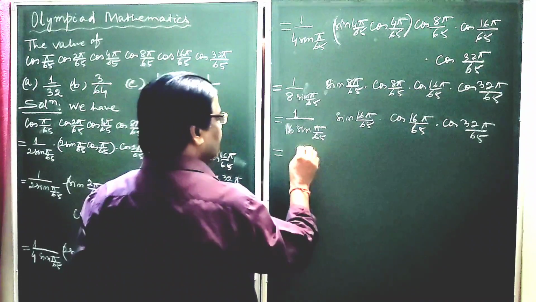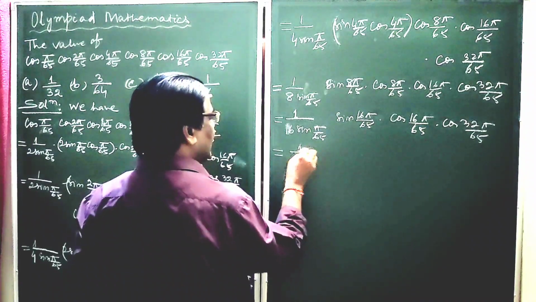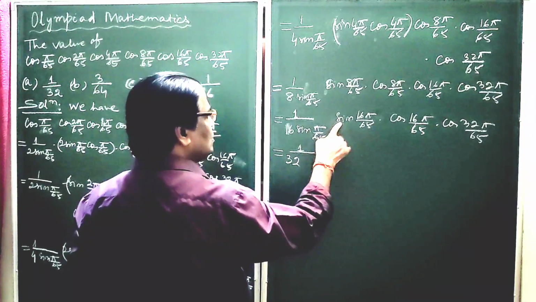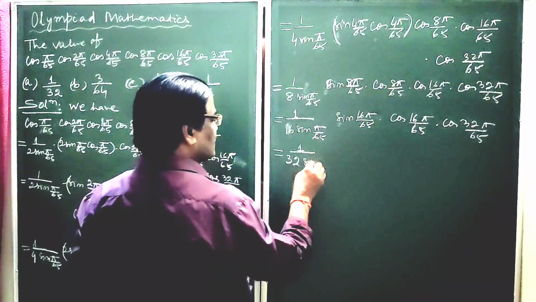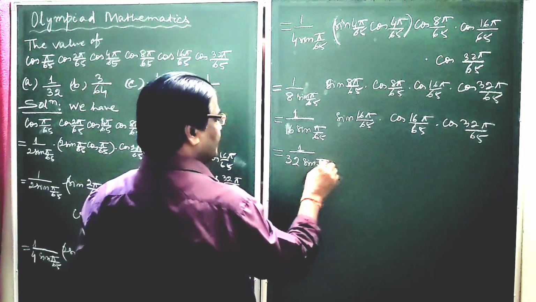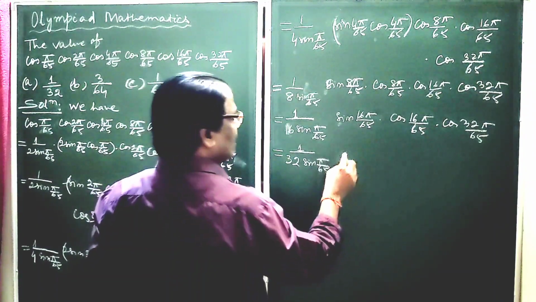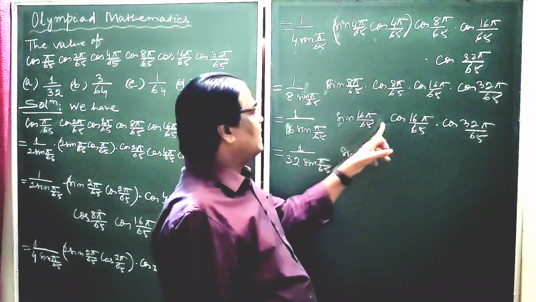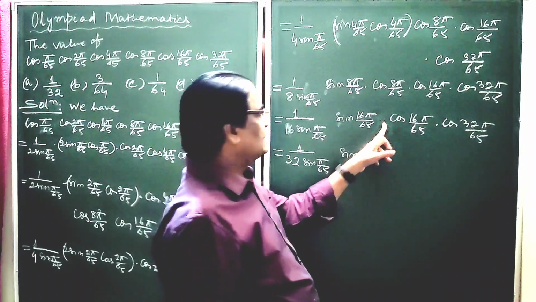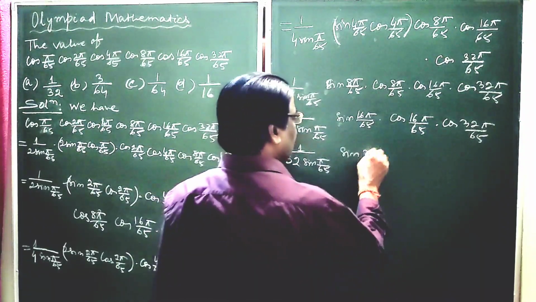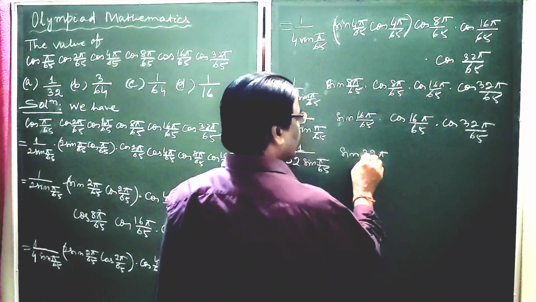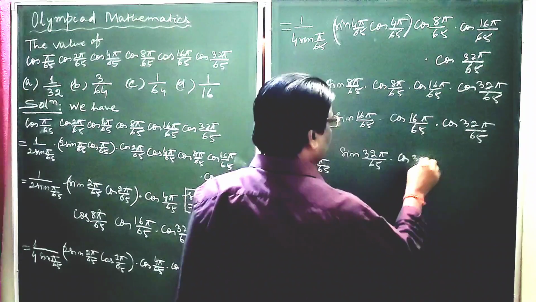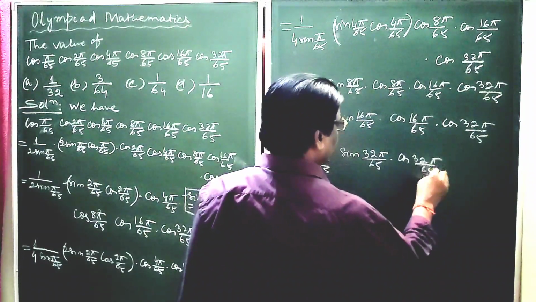Now applying the same procedure, we get 1 by 32 sin pi by 65; we have multiplied by 2 and divided by 2. It becomes 2 sin 16 pi by 65 cos 16 pi by 65, which becomes sin 32 pi by 65, and here cos 32 pi by 65.